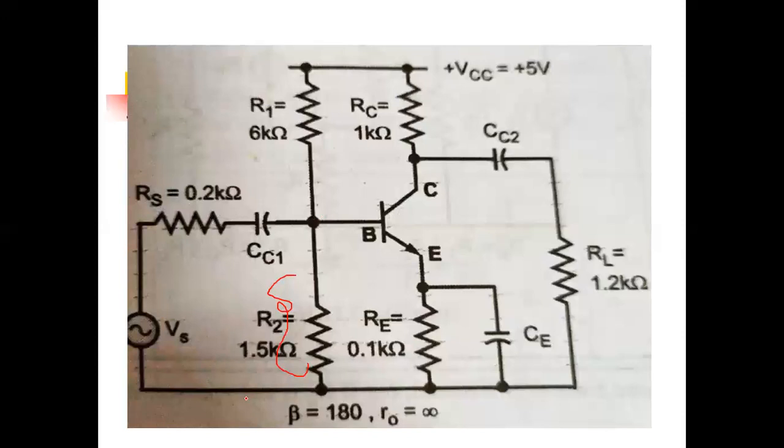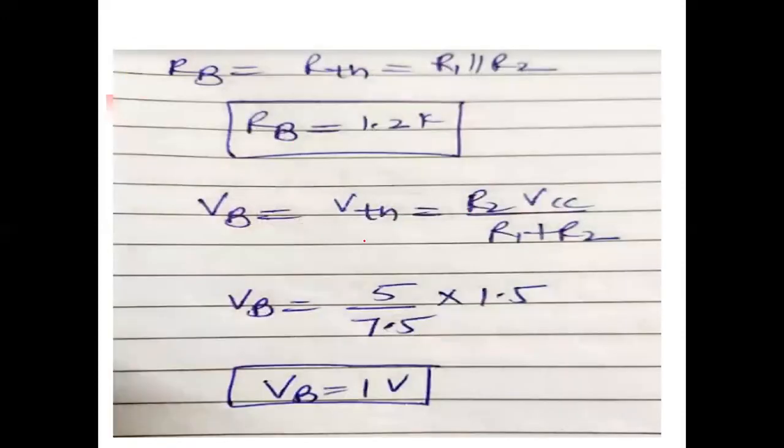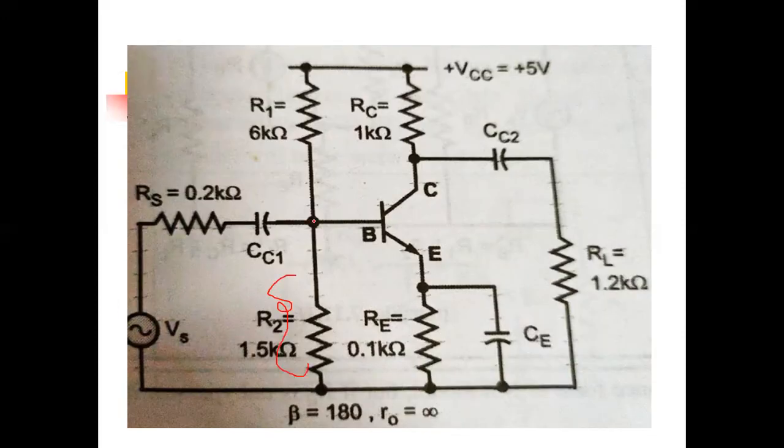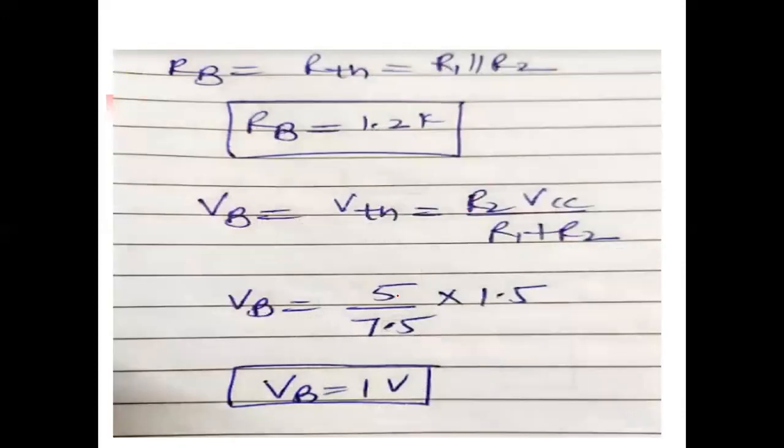Again listen, the voltage across R2, or we can say the equivalent voltage, is R2 upon R1 plus R2 into VCC, which is 1 volt. Now across this node, R1 and R2 are in parallel combination, so RTH equals R1 parallel R2, that is 1.2.